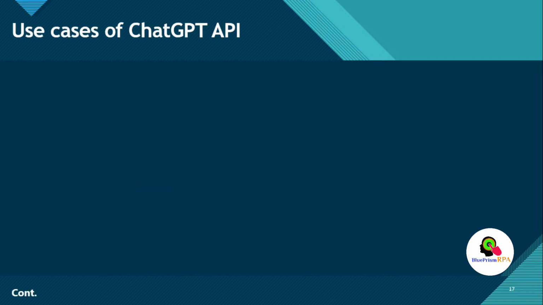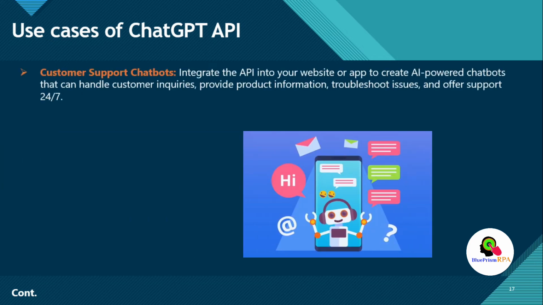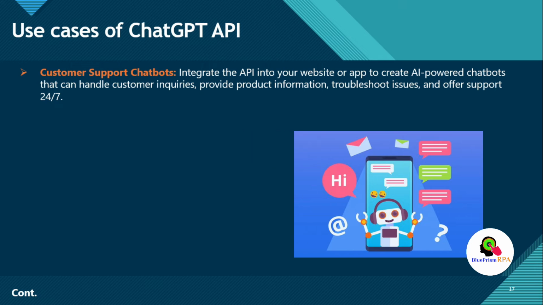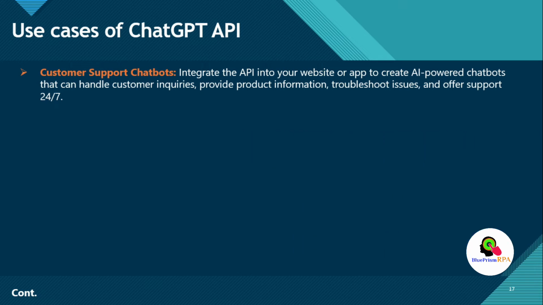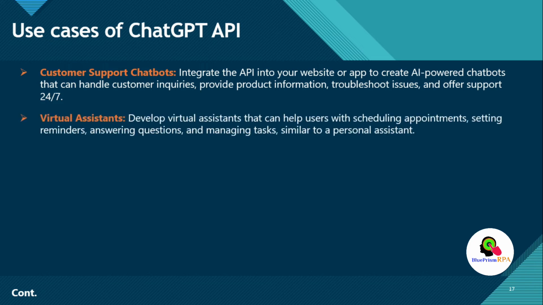Let me show you some use cases where the ChatGPT API can be particularly useful. Customer support chatbots. You can integrate the API into your website or app to create AI-powered chatbots that can handle customer inquiries, provide product information, troubleshoot issues, and offer support 24/7. Virtual assistant.